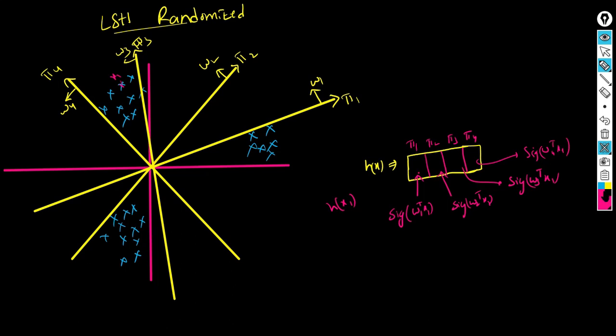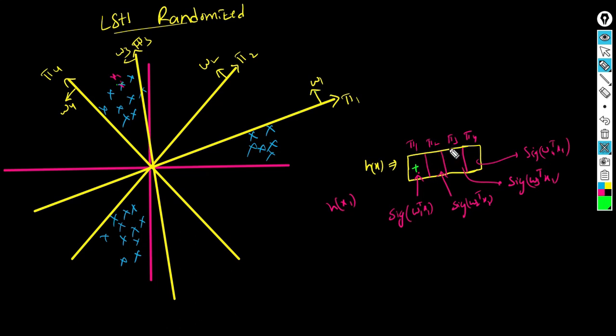Let's see what values we will get here. This is the point and the sign. Let's start with pi1. This is the same direction as x1. This way we will get positive. That means this vector direction and the point direction are the same.